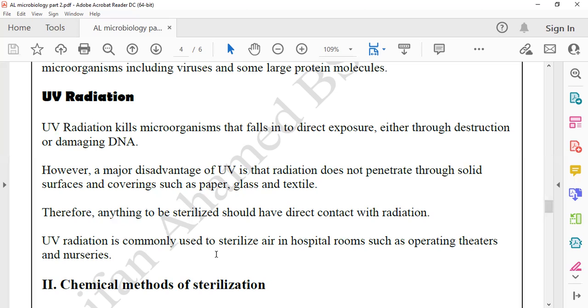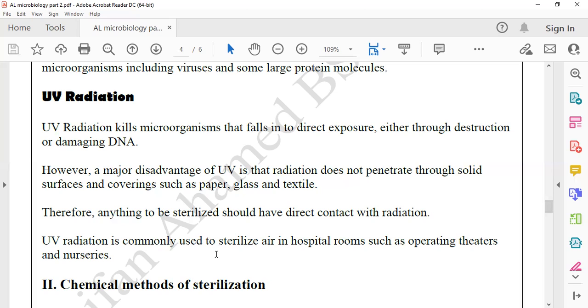UV, your book says it cannot penetrate solid surfaces and coverings. Penetrating ability is very poor. Like we pointed out in the moist heat method, when we apply moist heat to sterilize glasswares, each and every surface of the glassware should be exposed to steam.